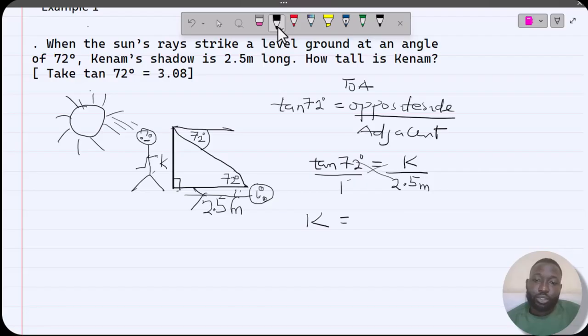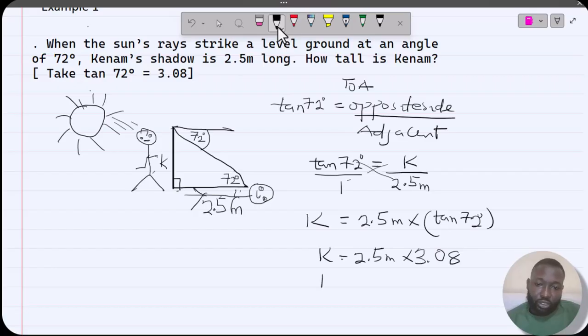Then from here, we are going to have 2.5 m times our tan 72 degrees. Now we'll have k as 2.5 m times our tan 72 degrees, which we are given as 3.08.